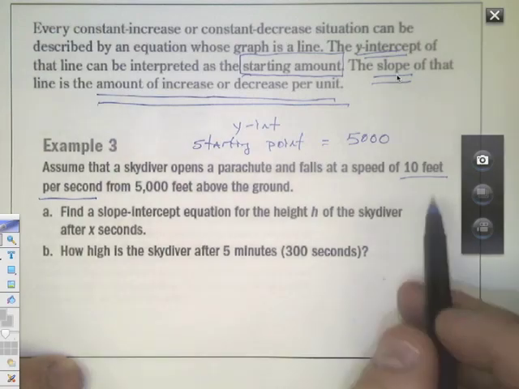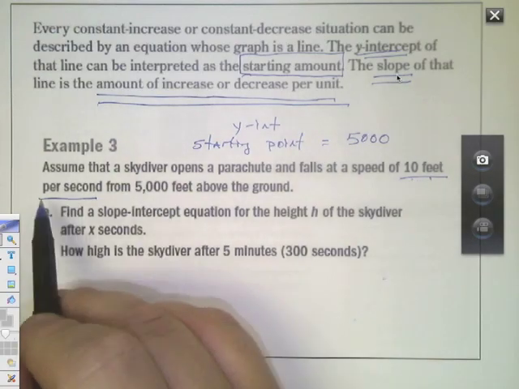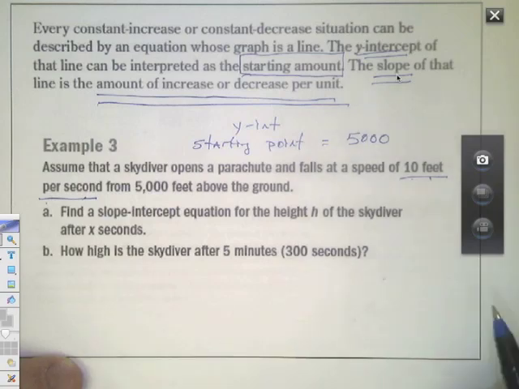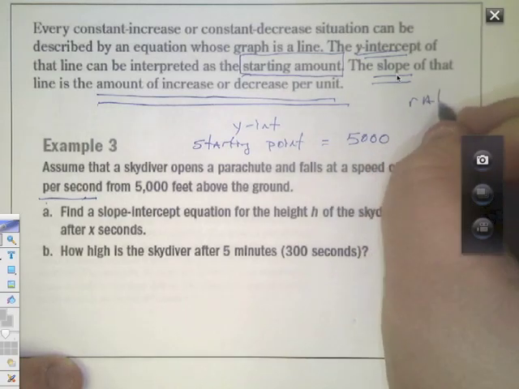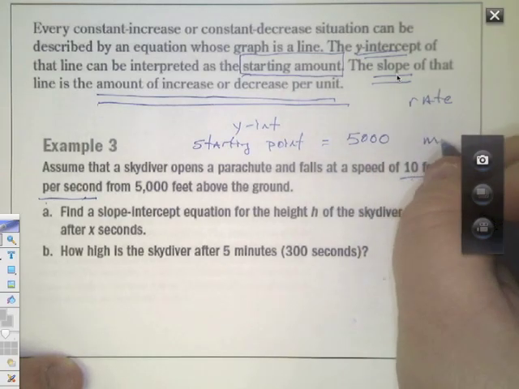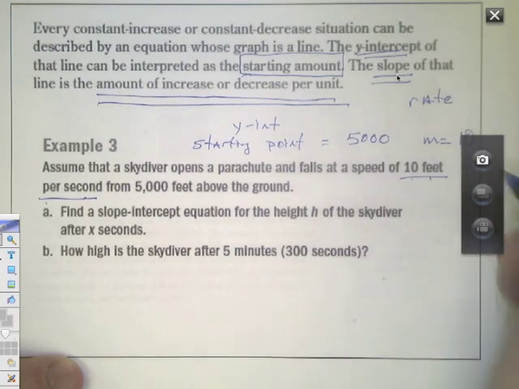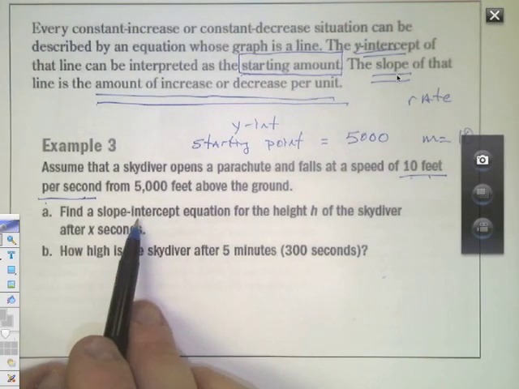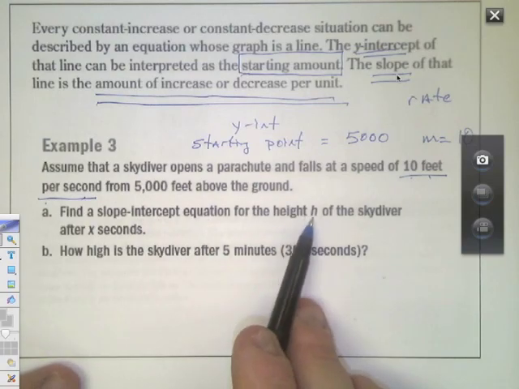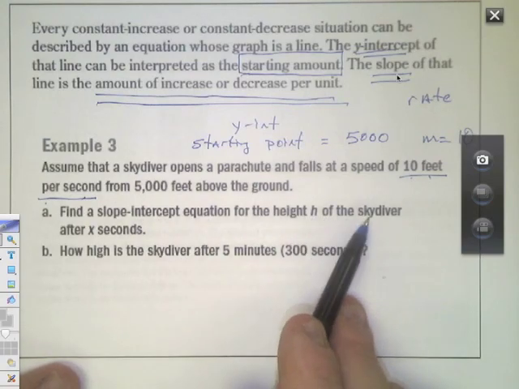My slope is this little tidbit of information, a rate. It's a rate, 10 feet per second. Slope is a rate. So my slope is 10.